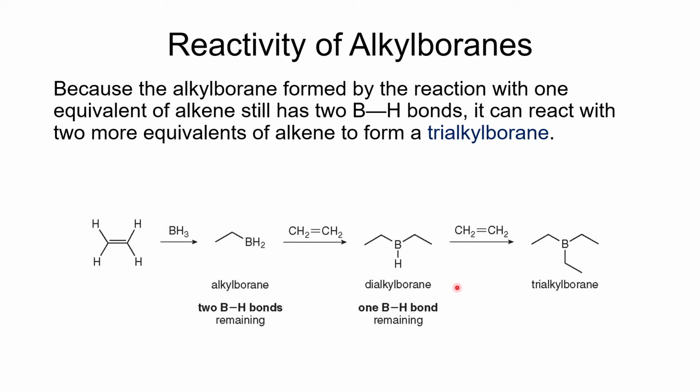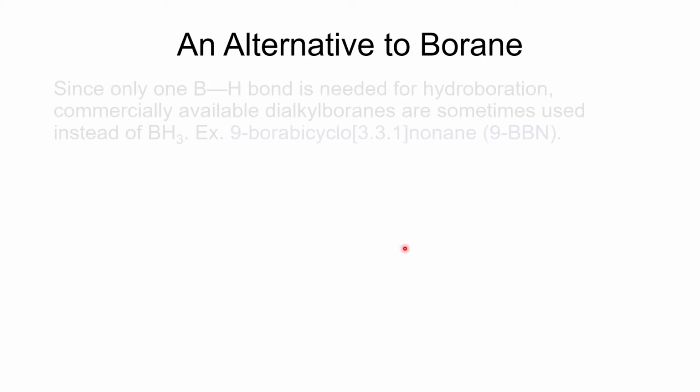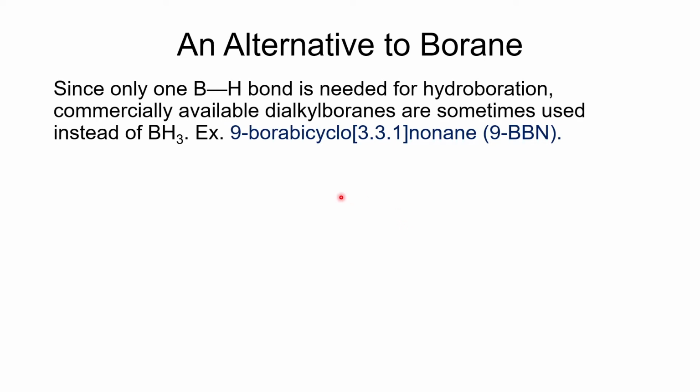Now, when I say that this is even more reactive, some chemists have taken advantage of that to make another possibility, and that is an alternative to borane. And that alternative is called 9-borobicyclo[3.3.1]nonane, and the short name for it is 9-BBN.